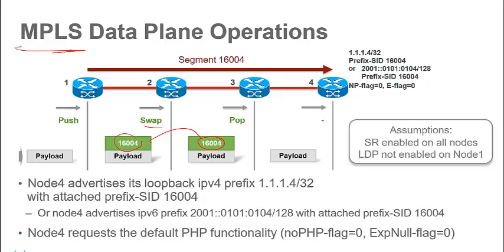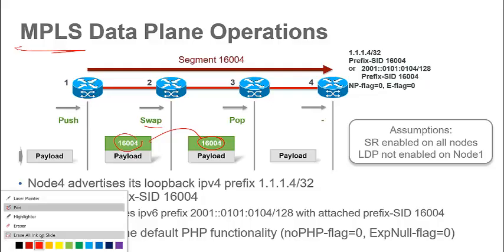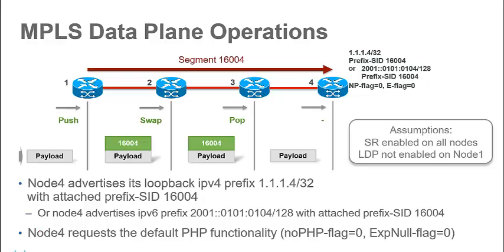Why? Because you are using the existing MPLS data plane. The MPLS data plane works like this: push, swap, and pop. So that same procedure is still followed even in segment routing MPLS because it is an MPLS label. Okay, what is important is every router should be SR enabled, and there is no need for LDP.